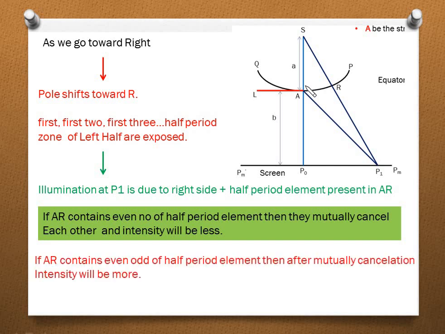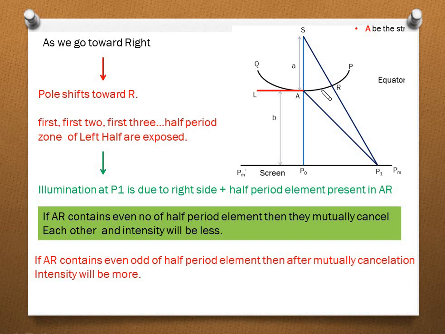However, when it contains an odd number of elements, suppose 3, then A1 minus A2 plus A3. A1 will cancel with A2, but we will be left with A3. So the intensity will be more. So the amplitude due to the right hand side is always A1 by 2, but due to exposure of the left side, when an even number of half period zones are exposed, there will be less intensity, and when an odd number are exposed, we will have more intensity.